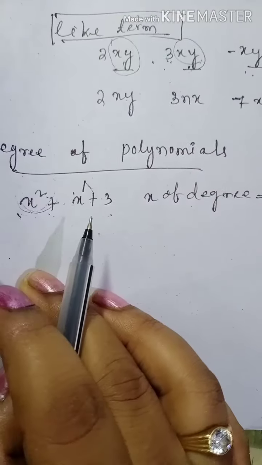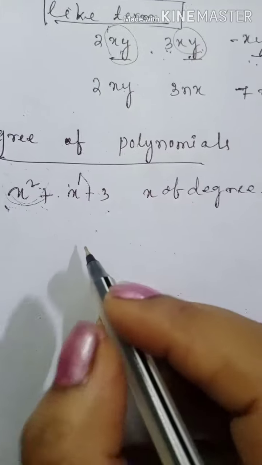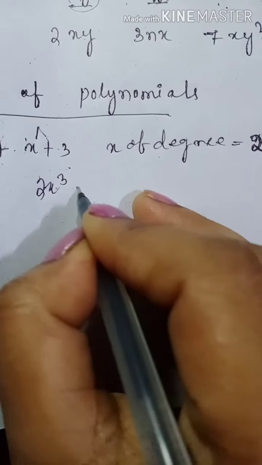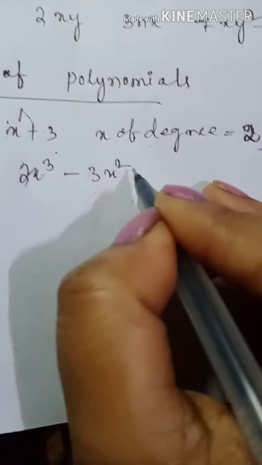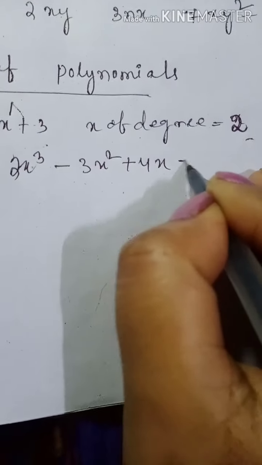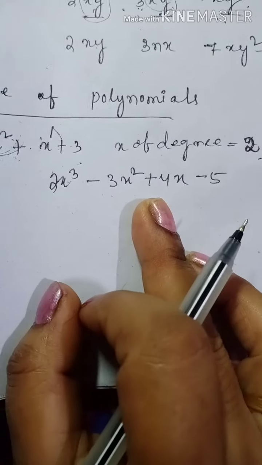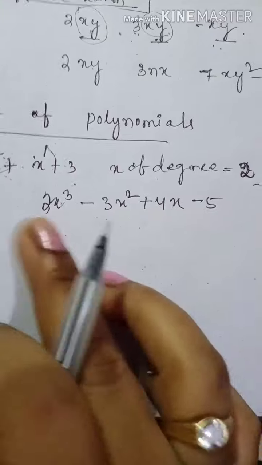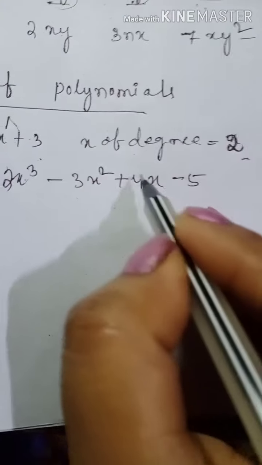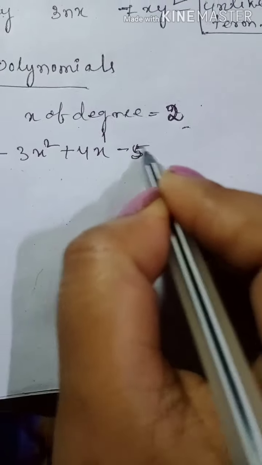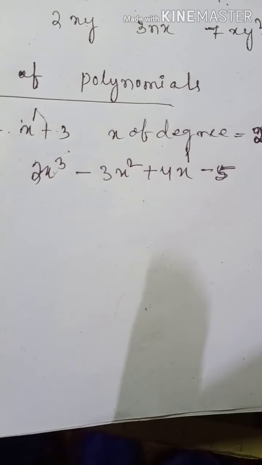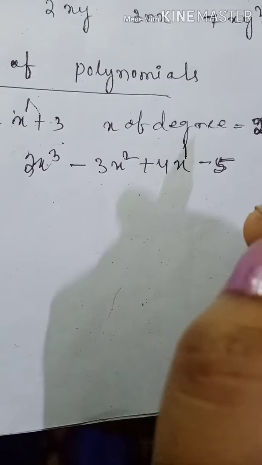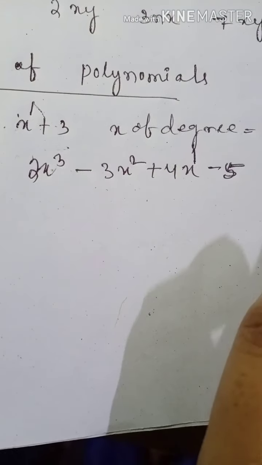Clear? Like this, if it is asking the degree as a question: 2x cube minus 3x square plus 4x minus 5. In this polynomial, what is the degree of x? This 5 is a numerical coefficient, leave it. That is the constant value. No variable is there. The degree you have to calculate from the variable only.